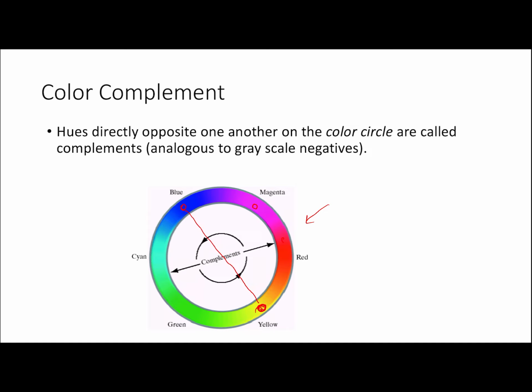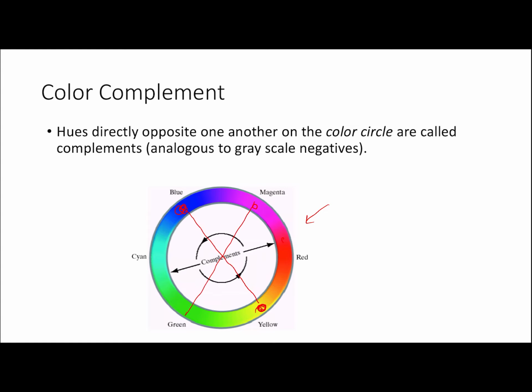So this simply says that the hues which are directly opposite to one another are complements of each other.